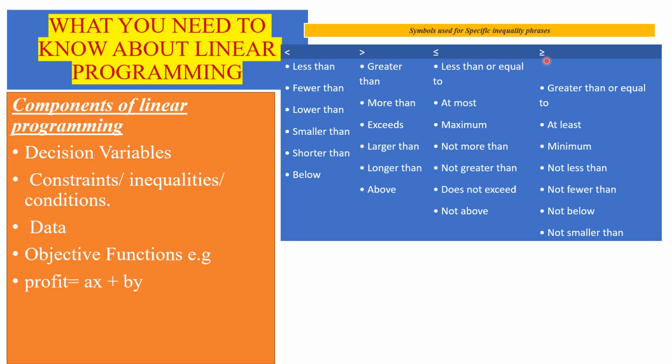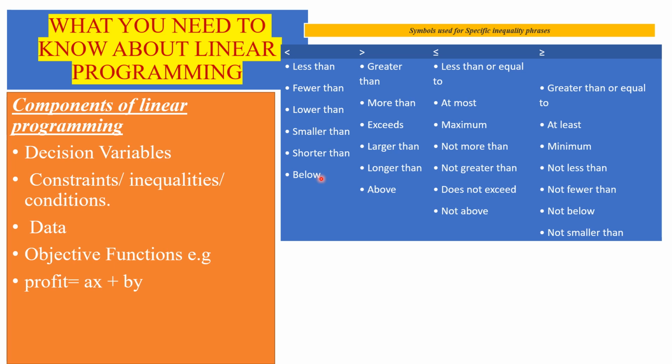And I may ask you, if I tell you to send me less than 5 learners, there is no way you can bring 5. We can also use other words like fewer than, lower than, smaller than, shorter than, and below.